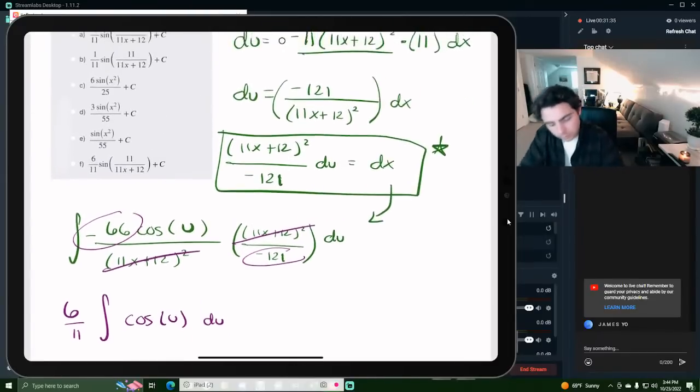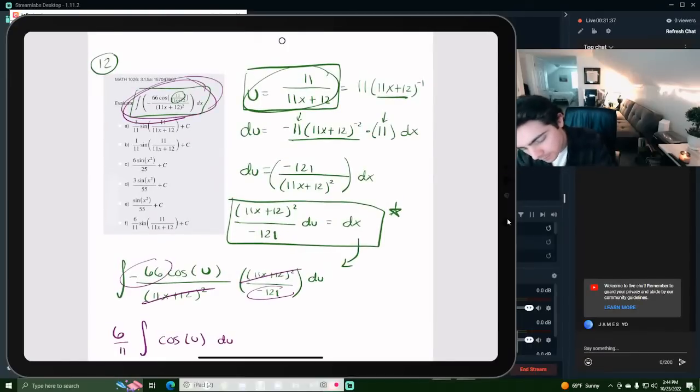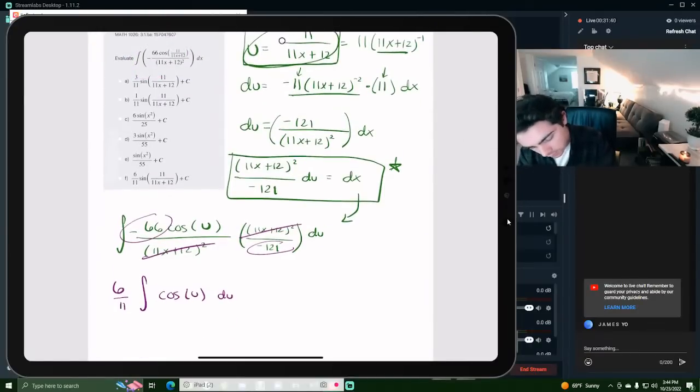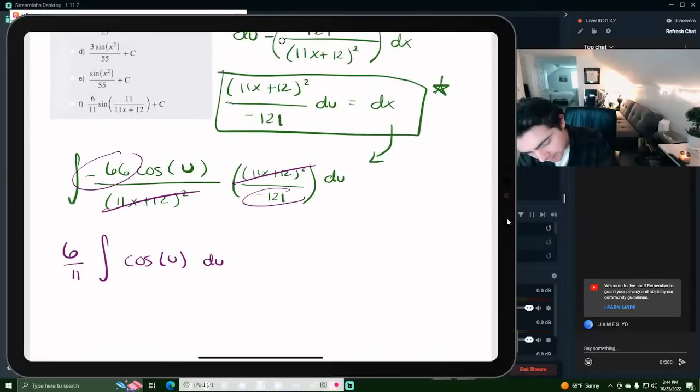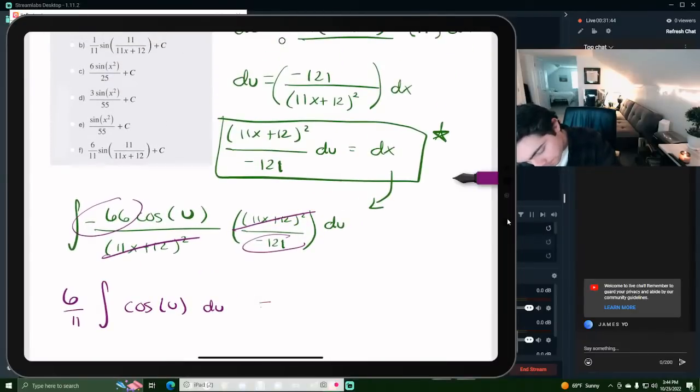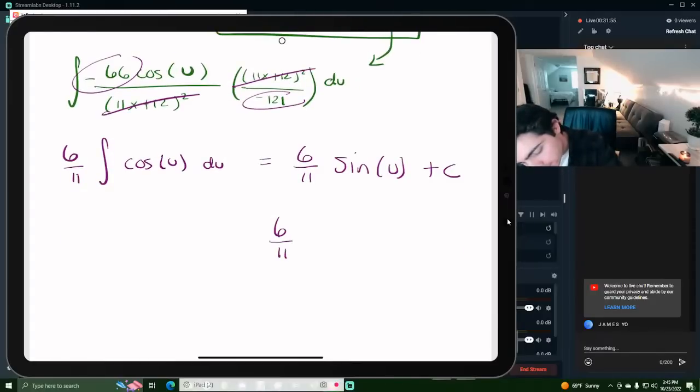And that's it. We rewrote this crazy looking integral at the top in terms of u's and du's, and it's just this. So now we take the antiderivative. We leave the 6/11ths. Antiderivative of cosine of u is just a positive sine of u plus c. We write back in the u, which was that crazy quotient.